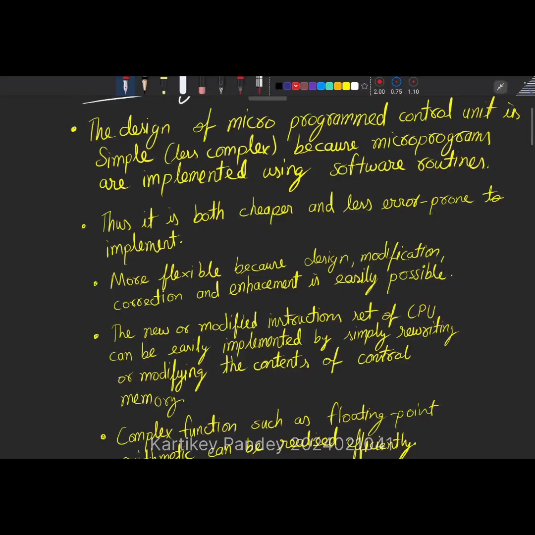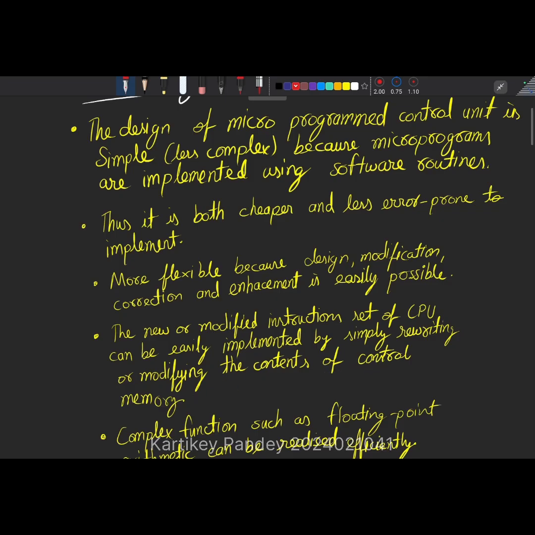It is more flexible because design modification, correction, and enhancement are easily possible. Of course, since it follows the programming approach, therefore it is flexible. And the new or modified instruction sets of the CPU can be easily implemented by simply rewriting or modifying the contents of control memory.